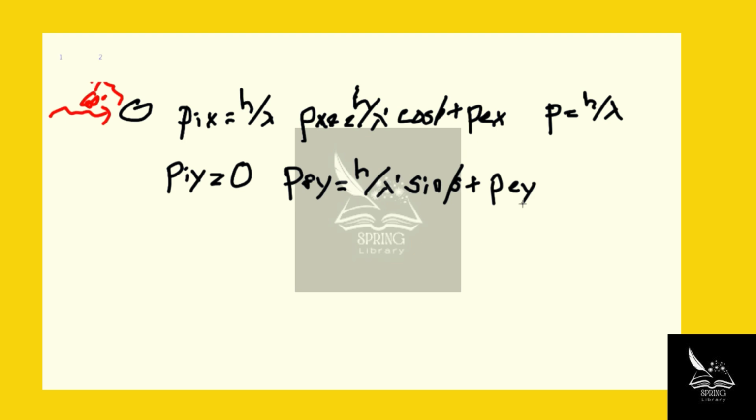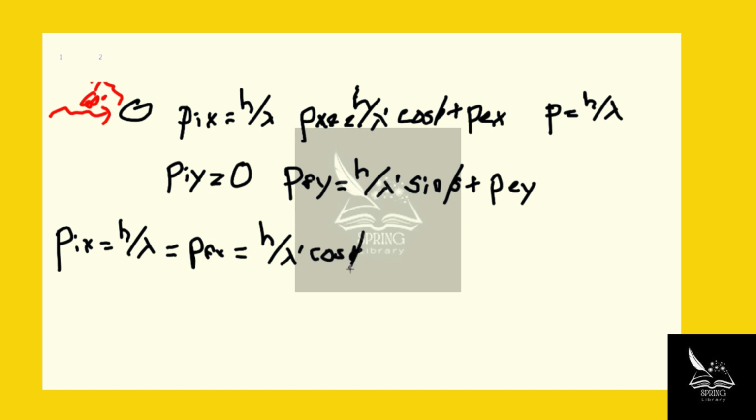Due to conservation of momentum, we know that the initial momentum in the x direction should be the same as the final momentum in the x direction, and similarly for y. So we can set these things equal to each other. We have p i x is h over lambda equals p f x, which is h over lambda prime cosine of phi, plus p e x.